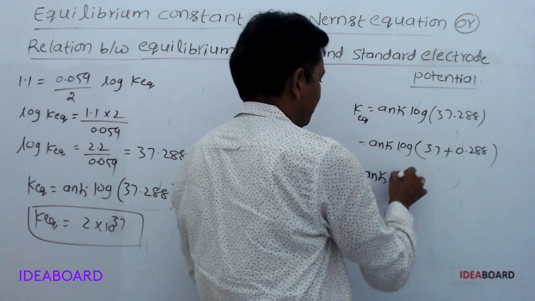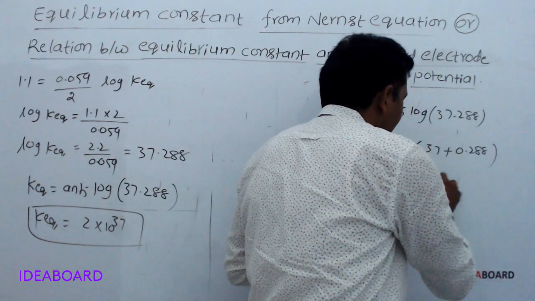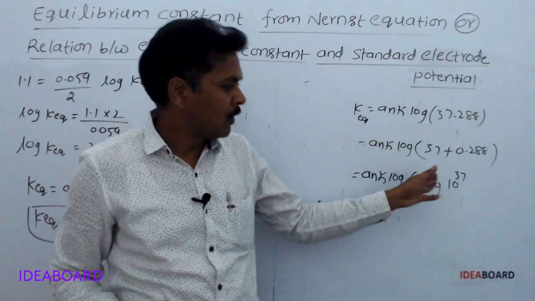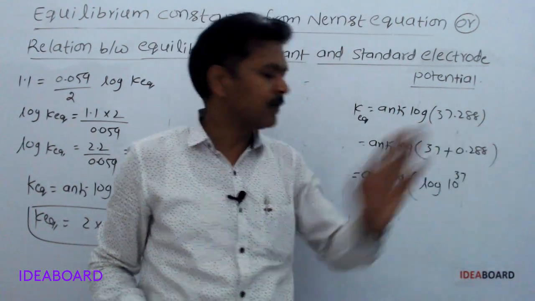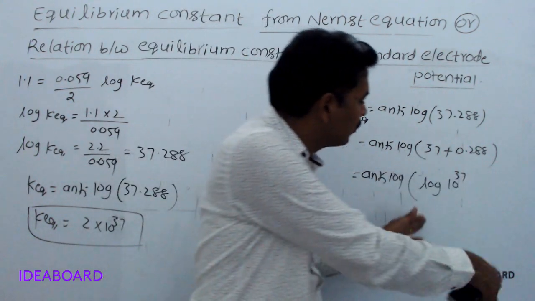Instead of this 37, I am writing log 10 power 37. Log 10 power 37 value is how much? 37 only.